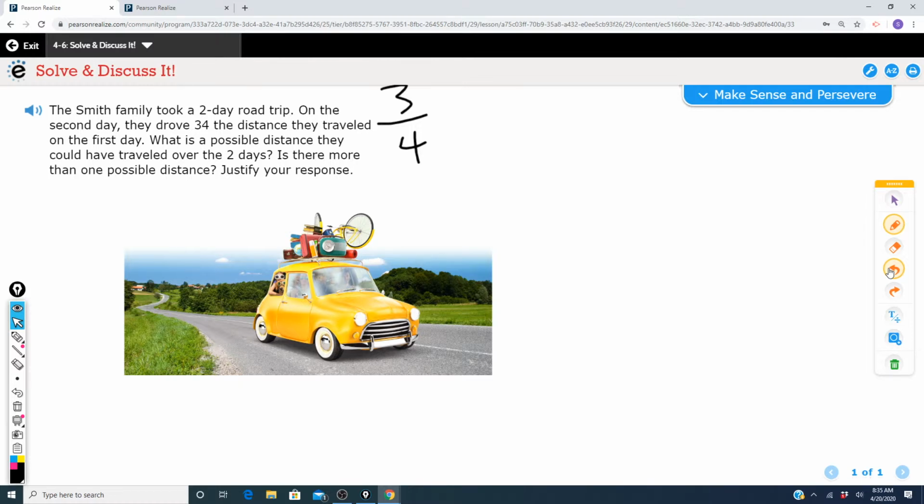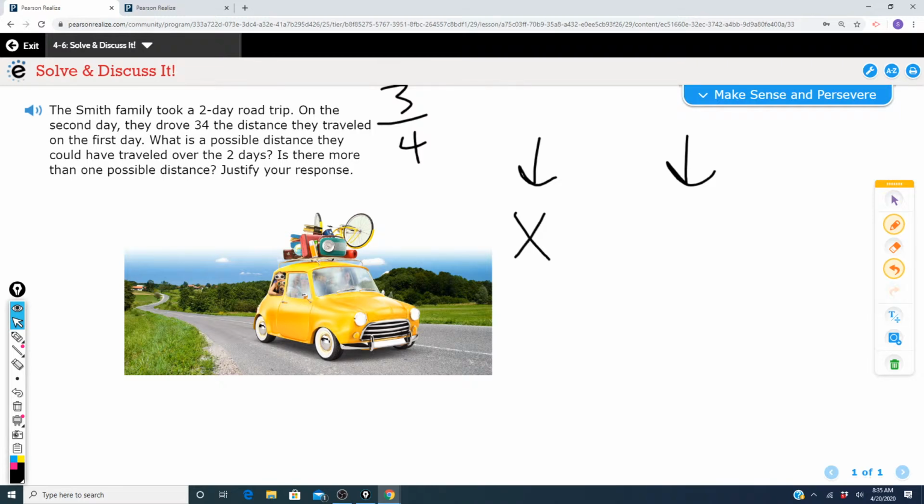Here's the thing: if we come up with an expression here, we look at the question and say they took a 2-day road trip. So we're adding two parts up. The first day distance, we don't know.